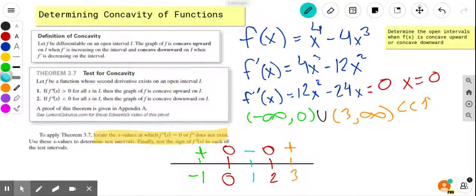All right. And because we had a negative value between 0 and 2, from 0 to 2, my graph would be concave downward. And at its core, that's all you have to do. But let's try a more difficult one.